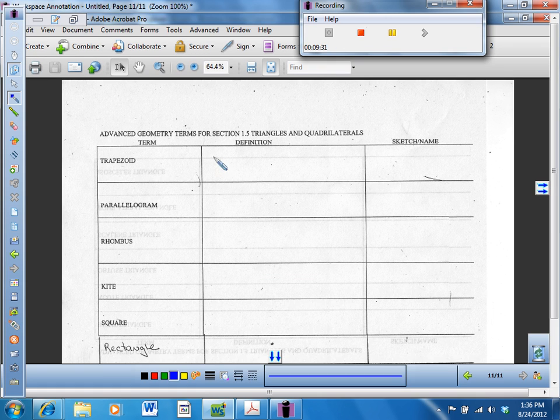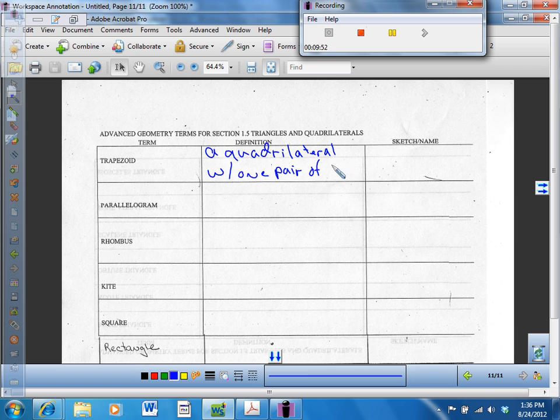So you could write a quadrilateral with one pair, not two pairs, one pair of parallel sides. Okay?